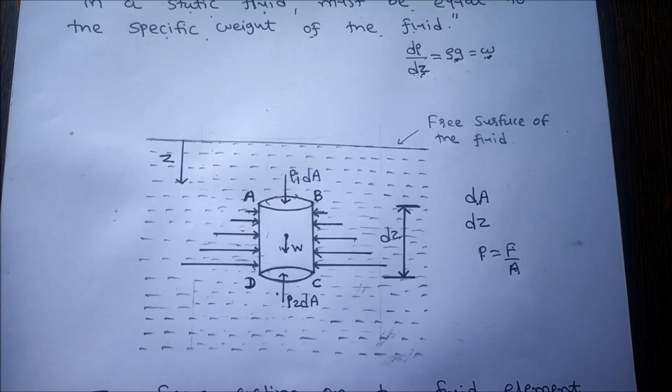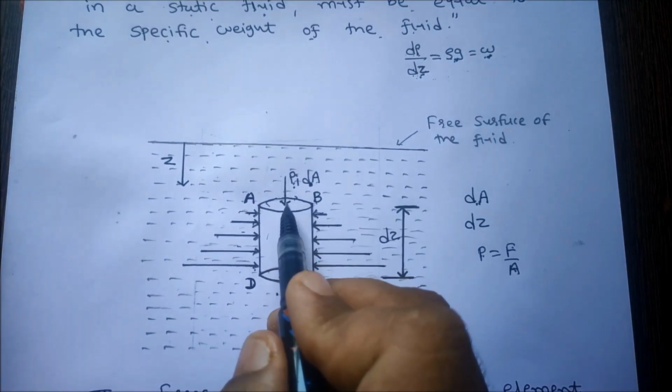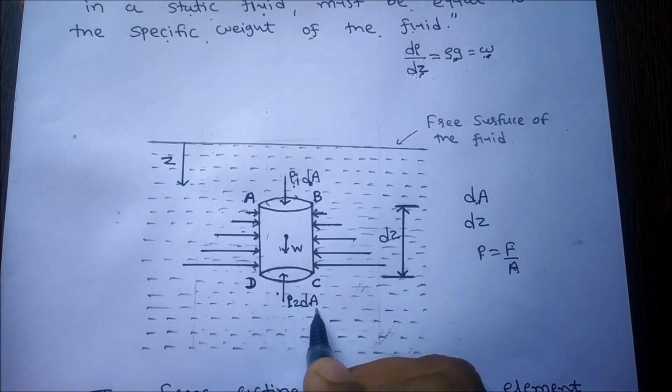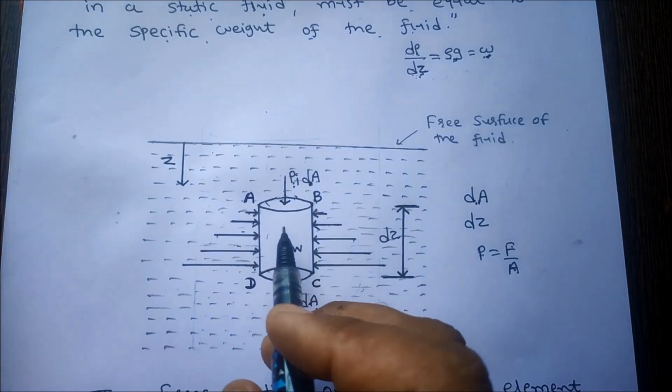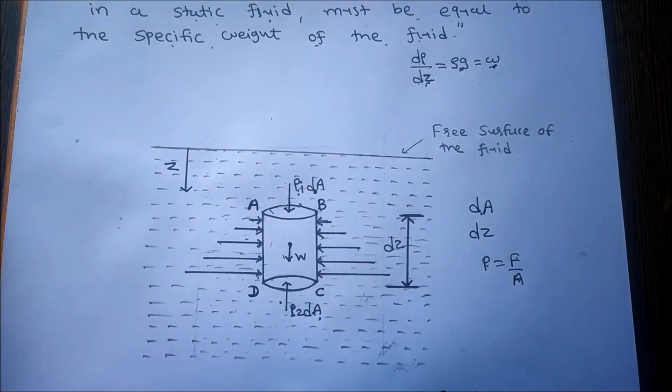So the forces acting in the vertical direction are due to the fluid pressure at top, P1 into dA, acting downward. At the bottom, pressure force P2 into dA is acting upward. And mg, the weight of the fluid element, is acting vertically downward.